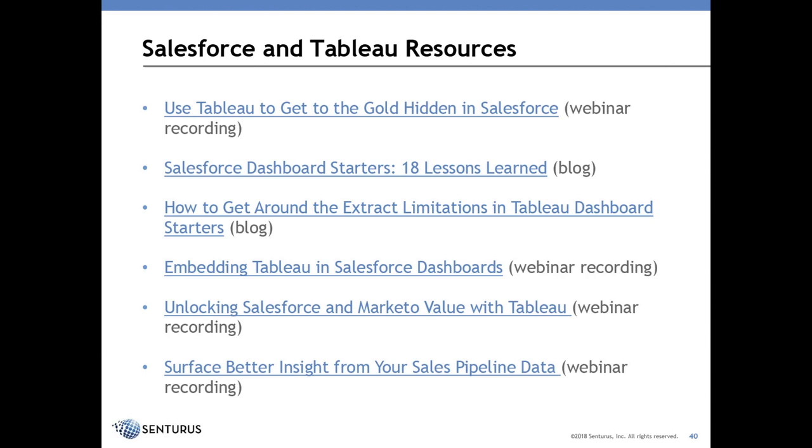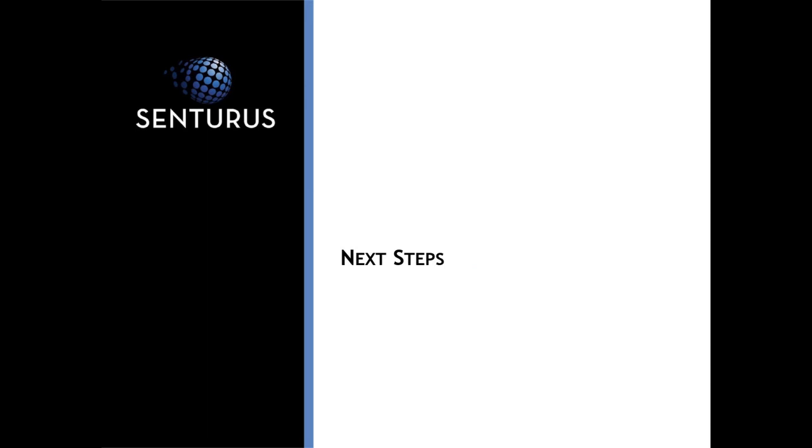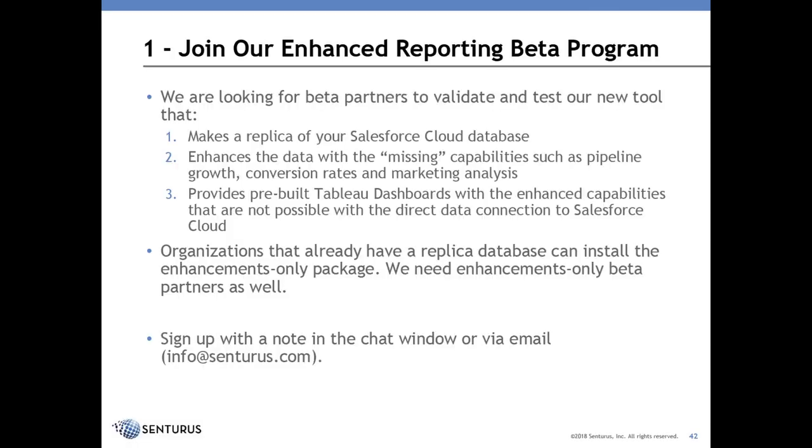And then, next steps. The first step we'd like you to consider is to join our enhanced reporting beta program. We want to validate and test the tool we have, built due to customer demand, that makes a replica of your Salesforce cloud database and gives you the enhancements we walked through, like pipeline growth, conversion rates, and marketing analysis.